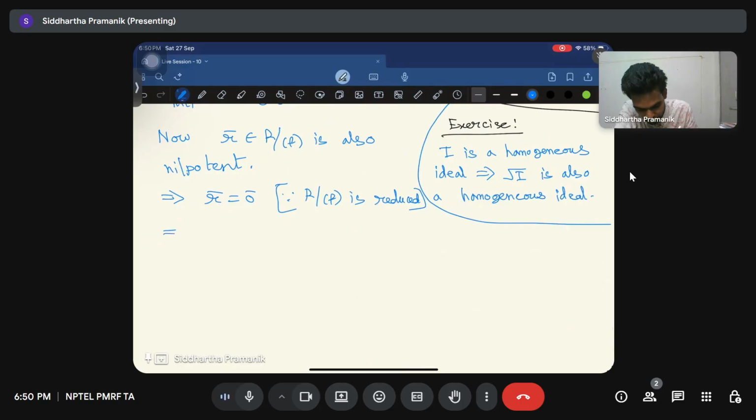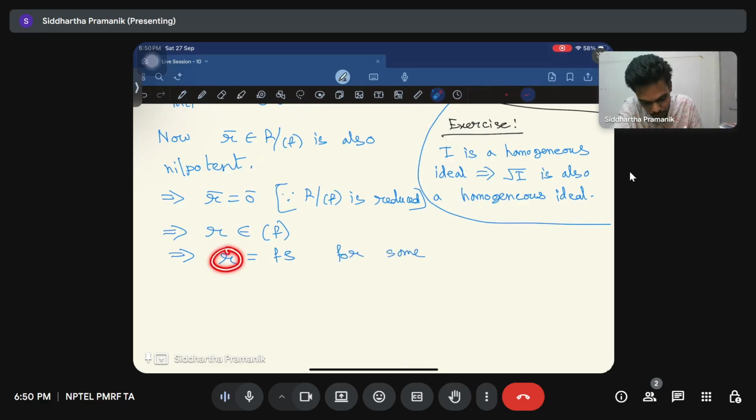So this will imply r belongs to the ideal generated by F, and that will imply r equals F times some s. Since r is homogeneous and F is homogeneous, this s has to be homogeneous, for some homogeneous s belonging to R.